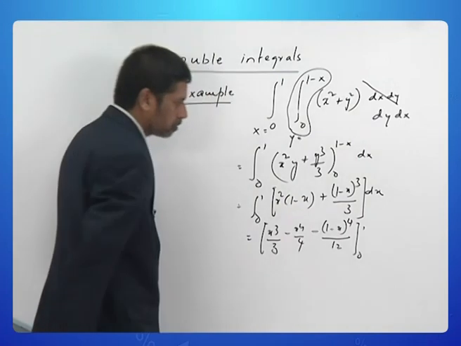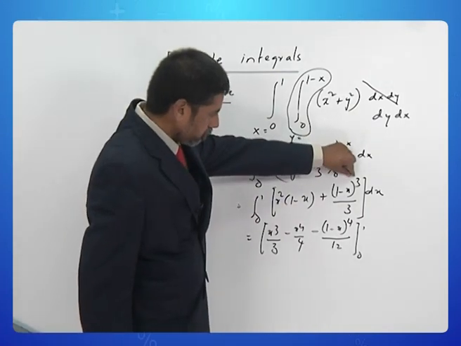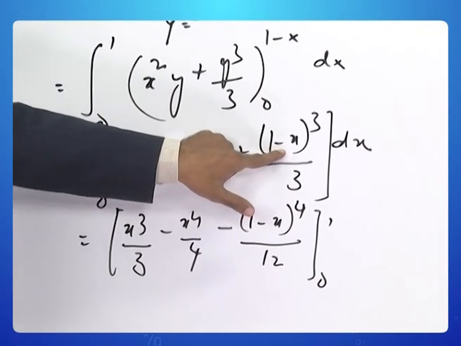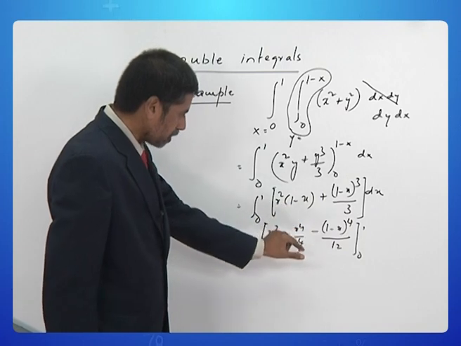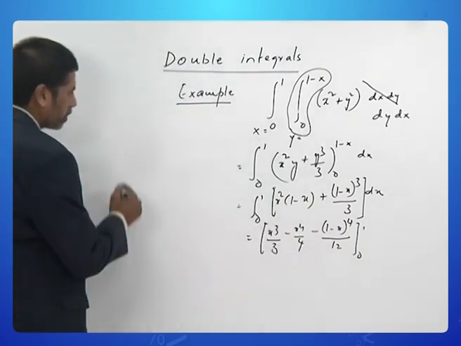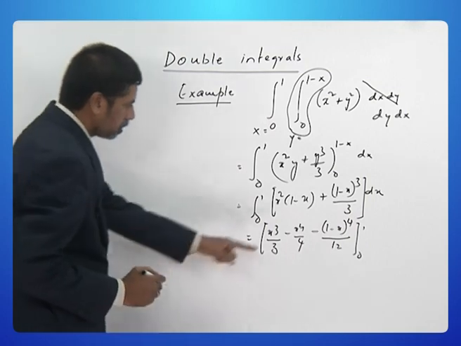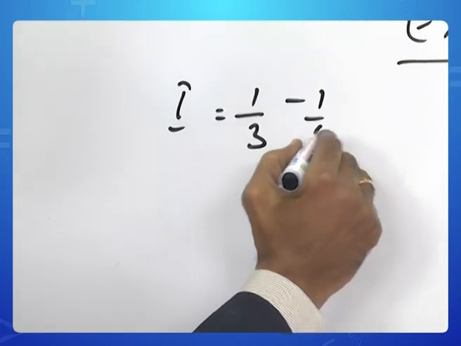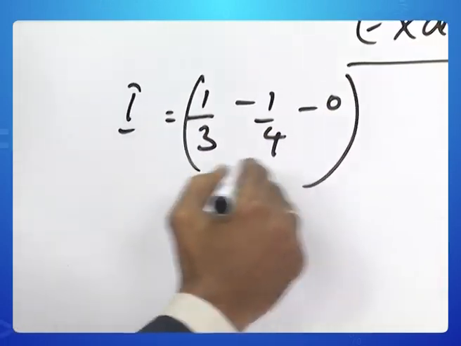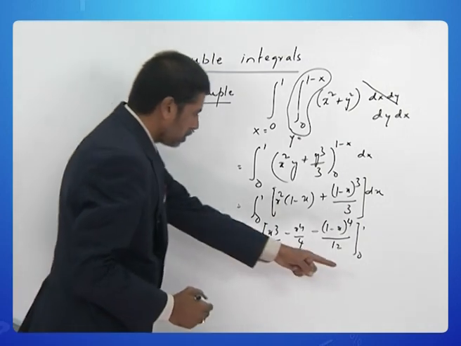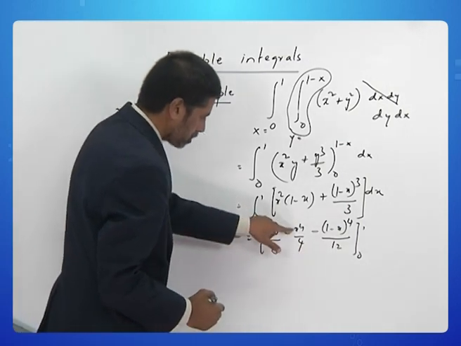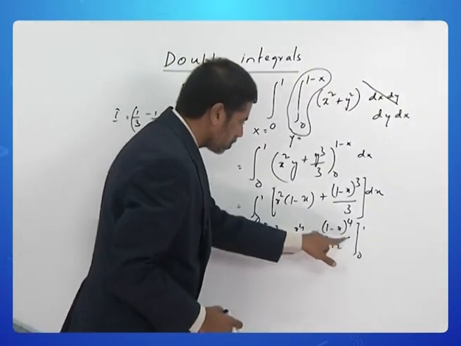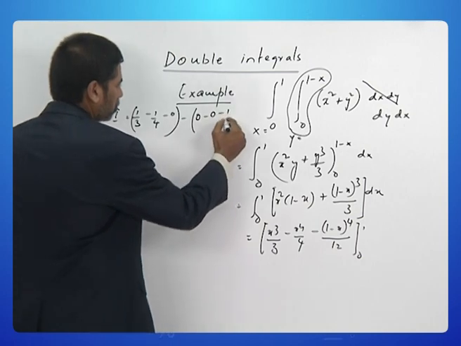0 to 1. So integration of 1 minus x whole cube will be 1 minus x whole to the power of 4 by 4, and we should not ignore this minus sign. So therefore it has to be taken. So when you apply the limits, let us see what we get. With x equal to 1, we get 1 by 3 minus 1 by 4 minus 0 minus of, now the lower limit, x is 0, so you get 0 minus 0, and when you put x equal to 0 here, you get minus 1 by 12.